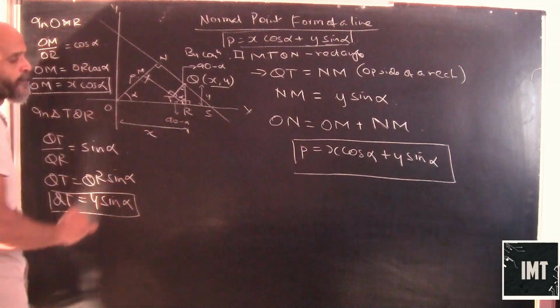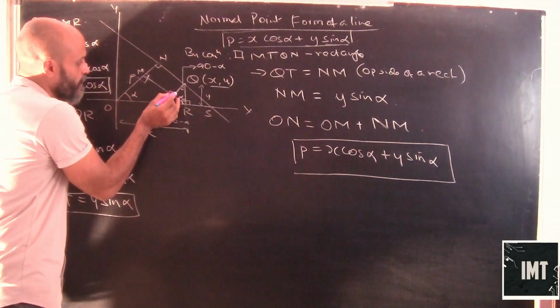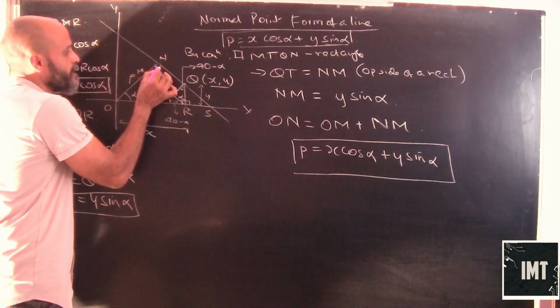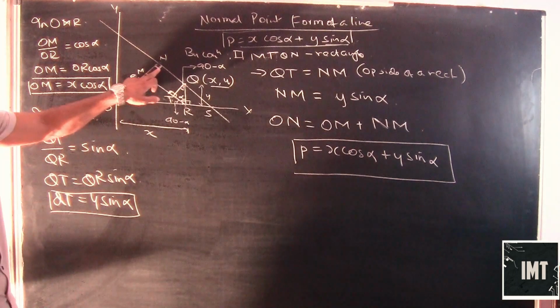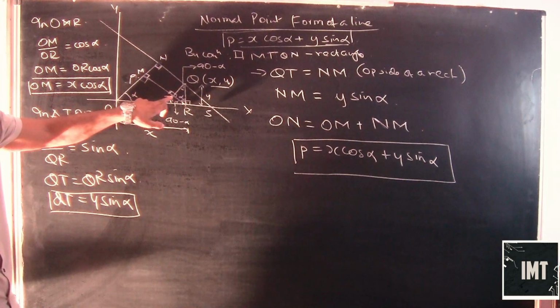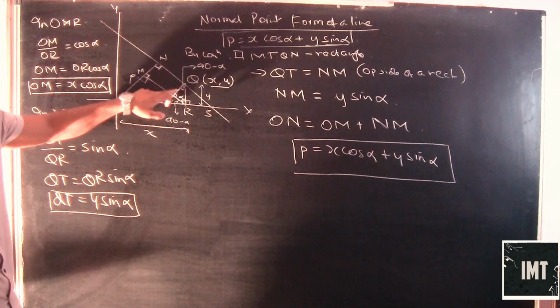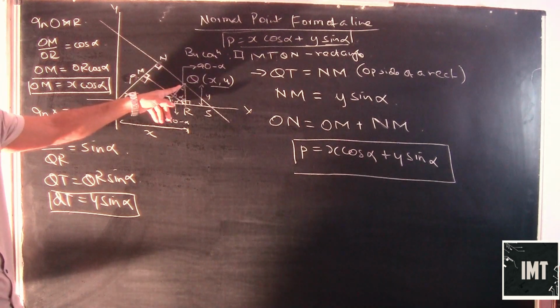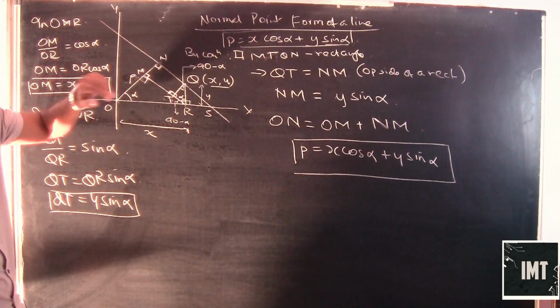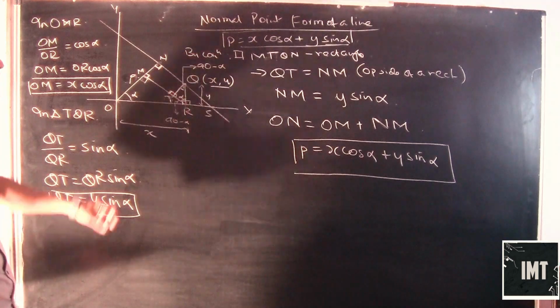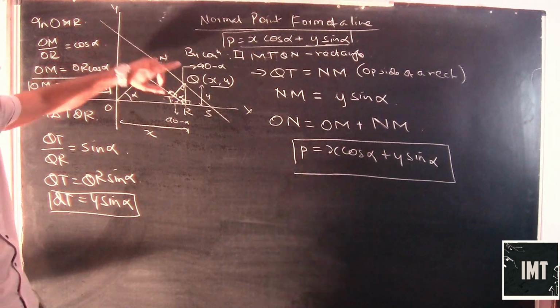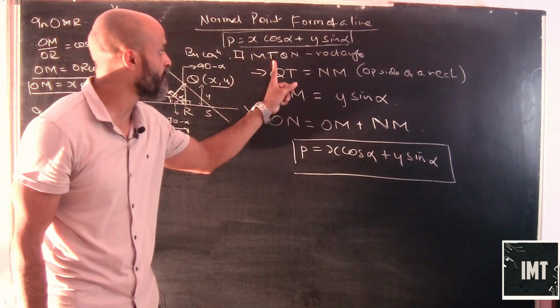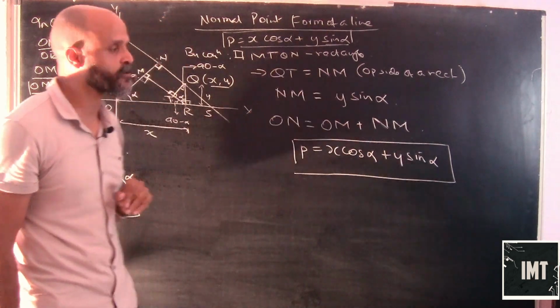Let's say the foot of this perpendicular is T. So obviously this is perpendicular, and this is perpendicular by construction. These are two perpendiculars by construction, so with three angles of 90 degrees, the fourth angle obviously has to be 90 degrees. So this will be a rectangle, which means that QT will be equal to NM, opposite sides of a rectangle.